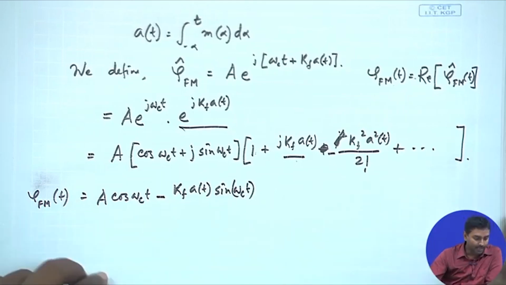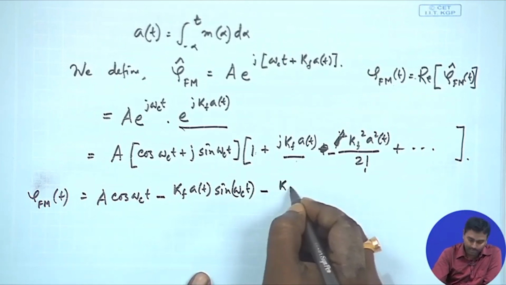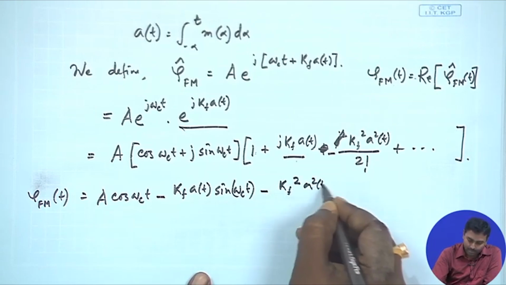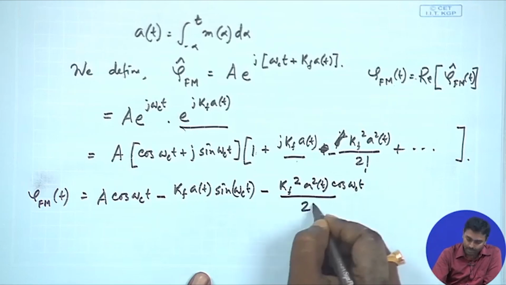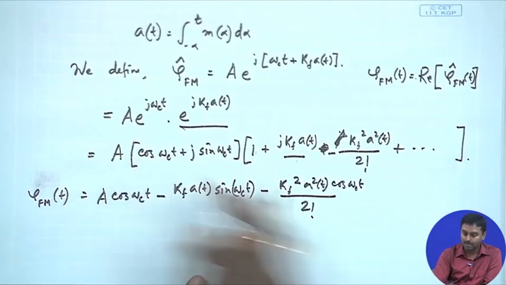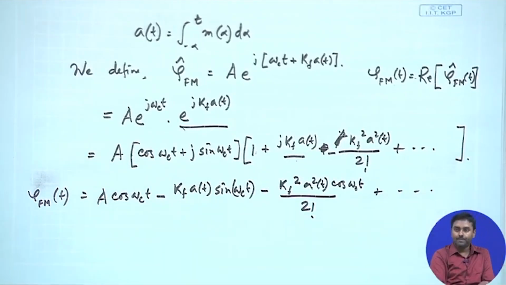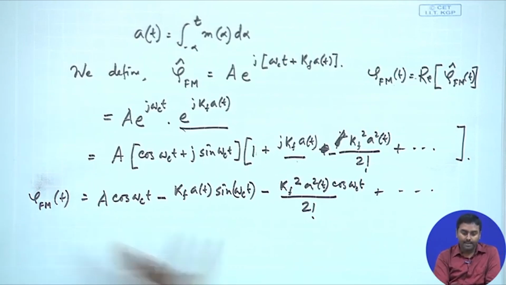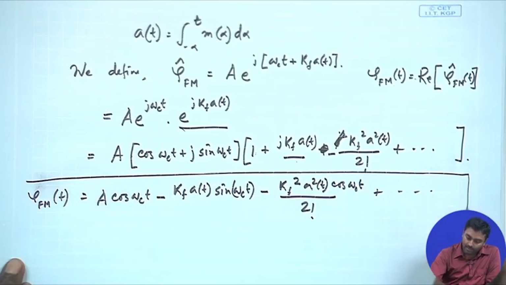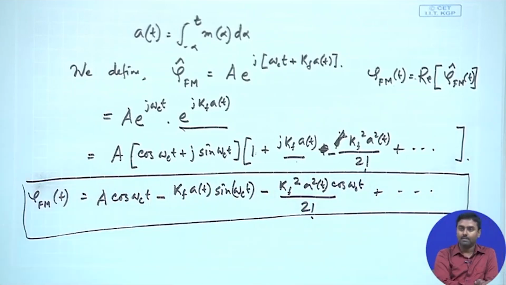There will be other terms like minus k_f square a square(t) cos omega_c t divided by factorial 2, and it will just continue, as many terms as are free of j, all the real terms. That must be phi_FM. So, what I have done is get an expansion of phi_FM utilizing this.